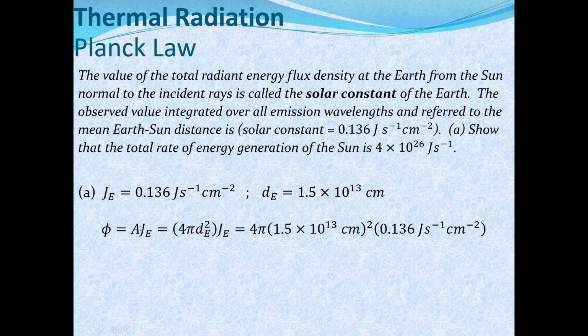So the cross-sectional area, or the surface area, is replaced with this. Plugging in all the numbers, we end up getting that the energy flux, or the power, if you will, is equal to this 3.85 times 10 to the 26, or roughly about 4 times 10 to the 26.